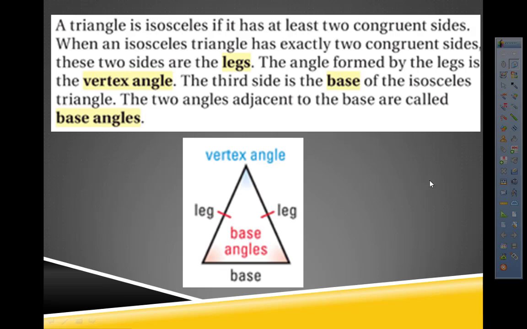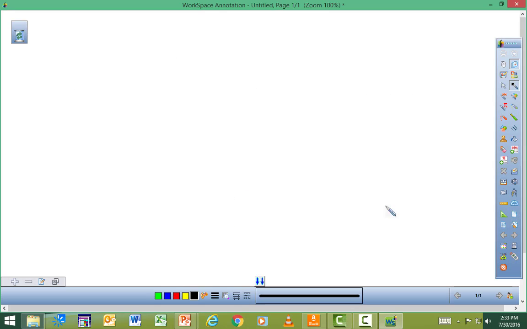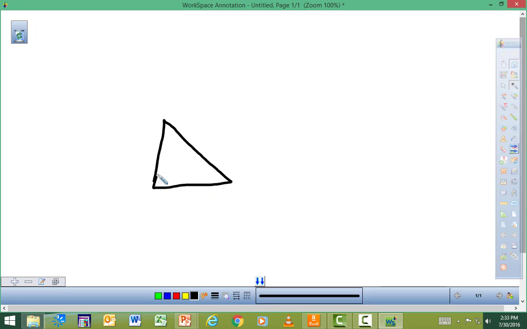It's called the base. Now, you sometimes think, oh well, that's because it's on the bottom, but that doesn't have to be the case. Isosceles triangles could be laying on their side, so you could have an isosceles triangle like this, where this side is congruent to this one, and then this one's the base.